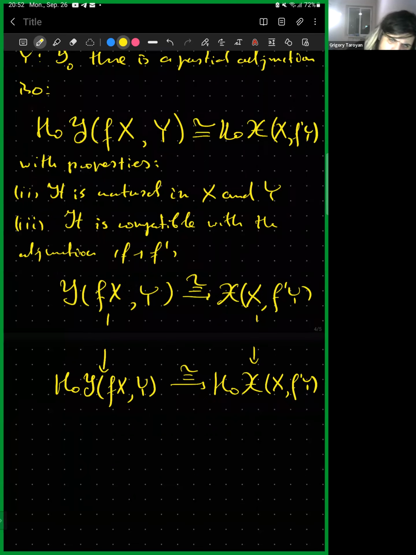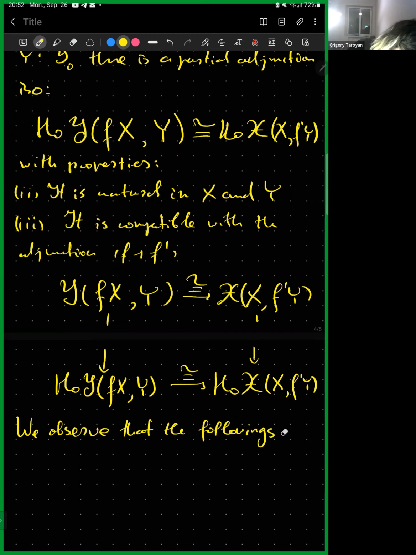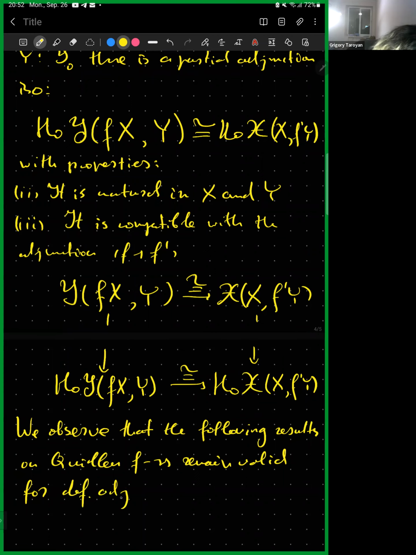Okay, so now we can observe that many results, including functors, remain valid for deformable adjunctions.